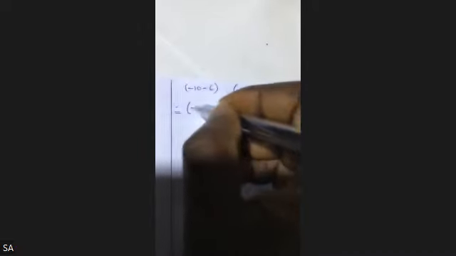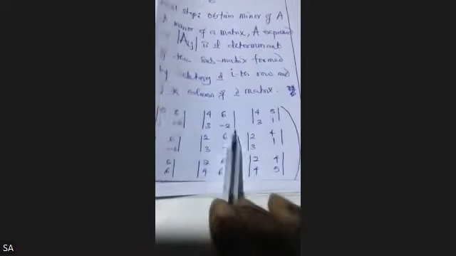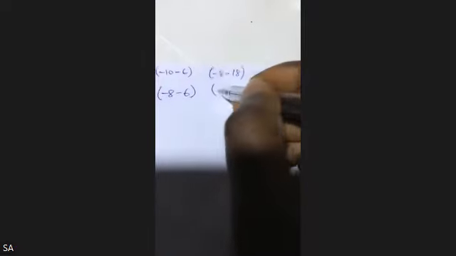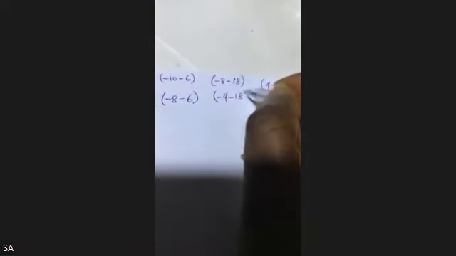Next, we'll do this one again. 4 times minus 2 is minus 8, minus 6. We did 4 times 2, minus 8, then minus 1 times 6, minus 6. 2 times minus 2 is minus 4, minus 18.